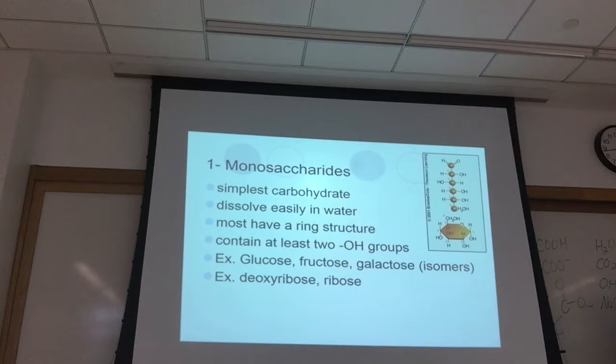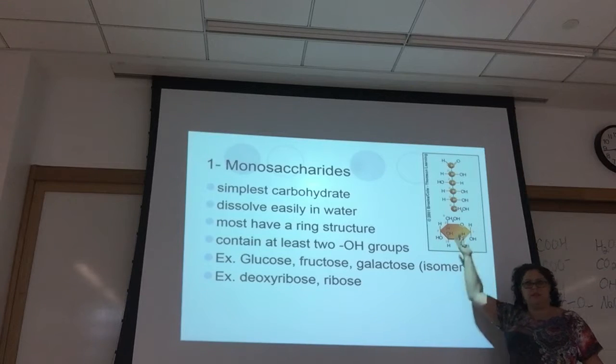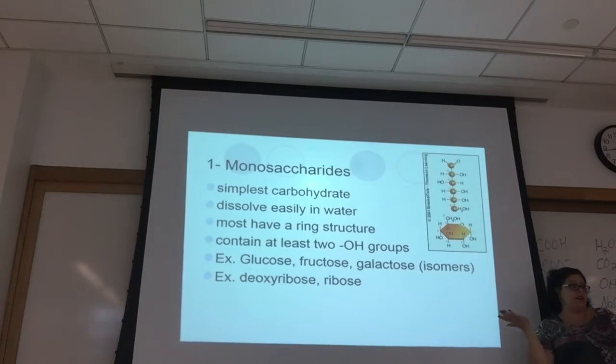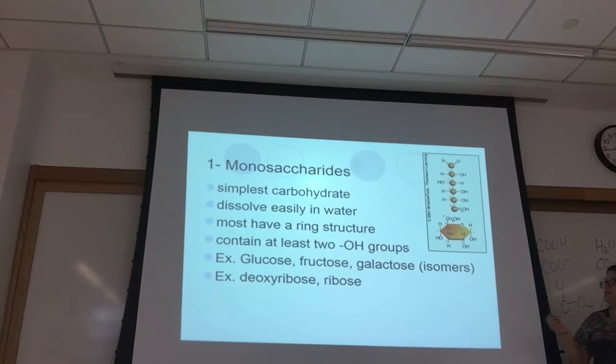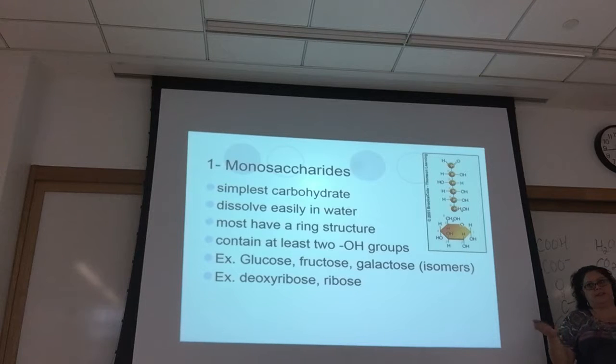We should get 12. We could count the number of oxygens. We should get 6. You will not have to draw this, nor will I ask you, is this glucose or fructose or galactose or anything like that. But you should recognize it's a carbohydrate. And there's a carbon ring, and there's hydroxyl groups, and it's definitely going to dissolve in water because of those. It's a monosaccharide, things like that.